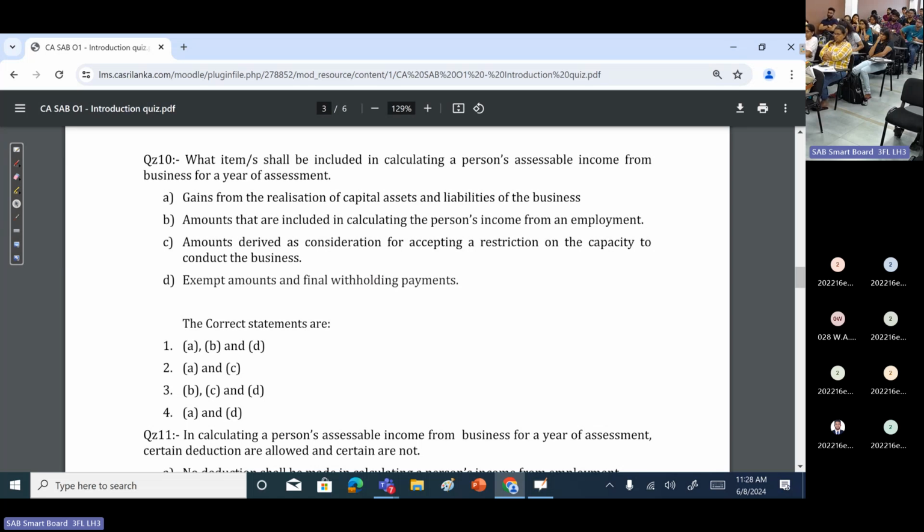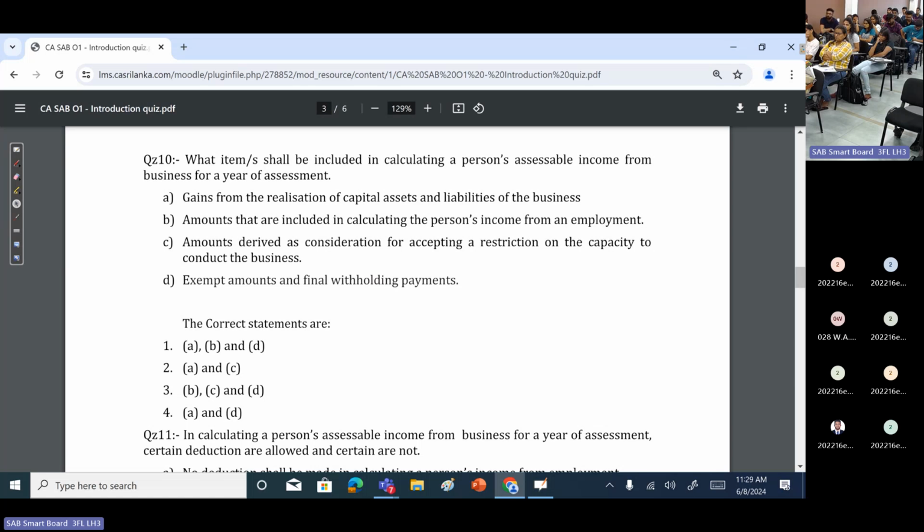B, C, and D. B, amounts included in calculating person's income from employment, is incorrect. C, amounts derived as consideration for accepting restriction of the capacity of conducting business. And exempt amount and final withholding amount, that's also wrong. So then A and D.